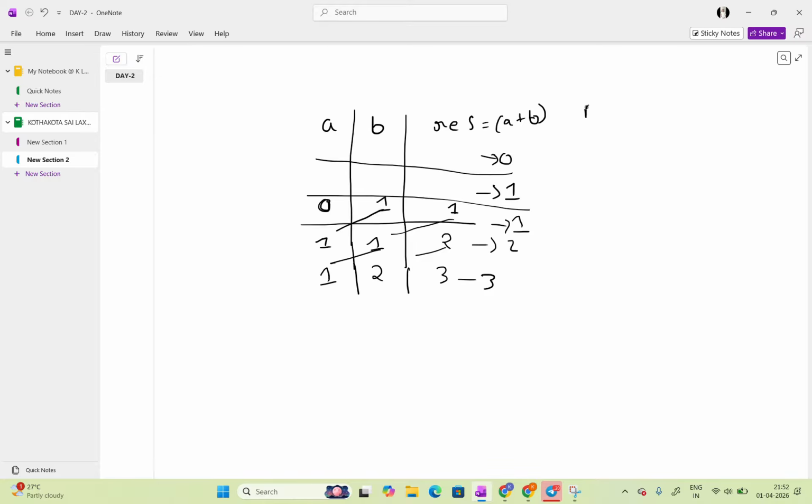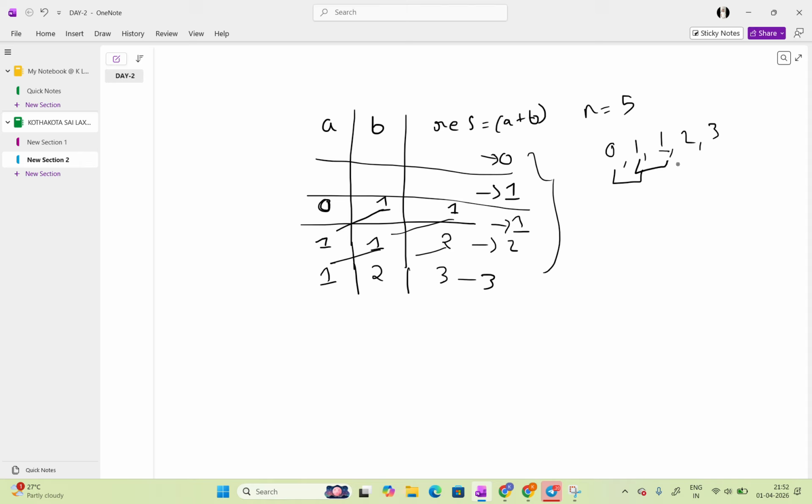So if we give n value 5, the Fibonacci series is 0, 1, 1, 2, 3. What is happening is that the sum of two numbers becomes the resultant.